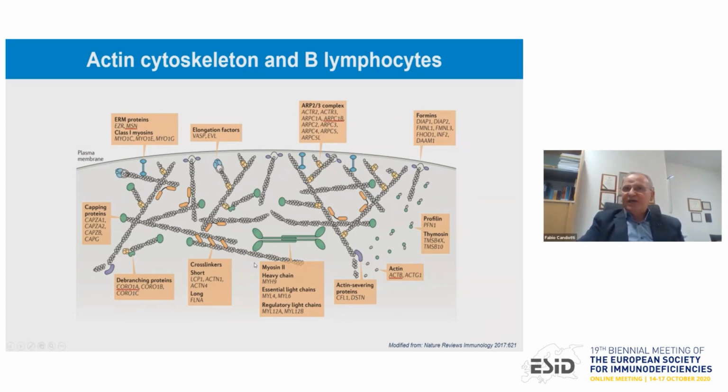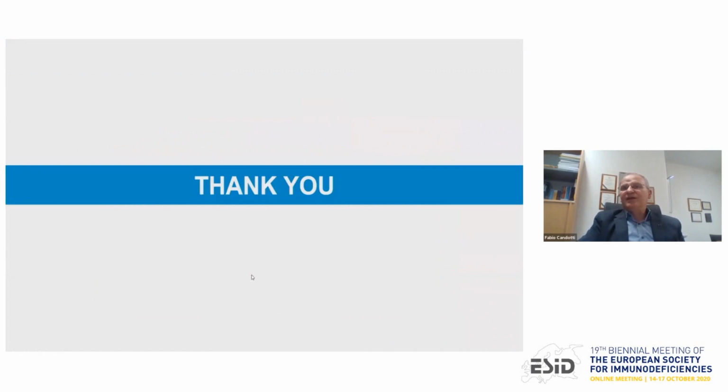This is just to say that there is a lot of work still to be done in this field, some of which I'm sure will be presented by the speakers that will come after me. So I'll stop here. I'll thank you all for your attention, and I'll be prepared to answer any questions if there are any. Thank you.